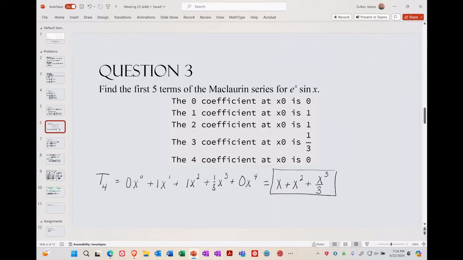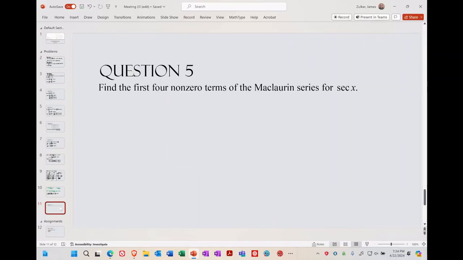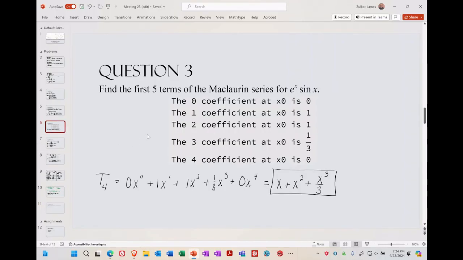They wanted the first 5 terms there. Here they want the first 4 non-zero terms. That is not the first 5 non-zero terms, is it? No, it's only the first 4. There's only 3 non-zero terms there. So we would have had to keep going if that was asking for the non-zero terms.